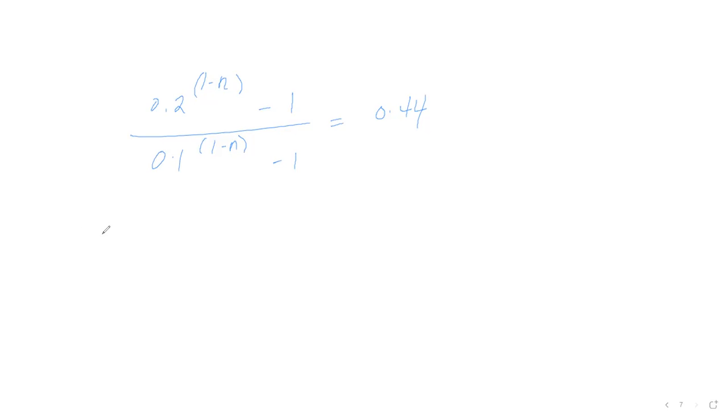So if you set, for example, n equal to 1.5, because we cannot have an n which is 1, since automatically that would be 0, and I'd have everything here 0 over 0. What's the value of the left side? Can you check? So 0.2 raised to negative 0.5 minus 1 over 0.1 raised to negative 0.5 minus 1.